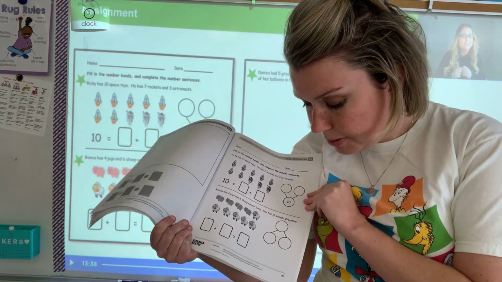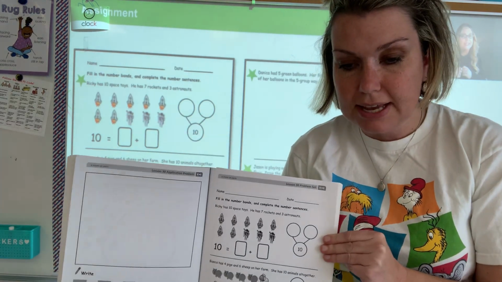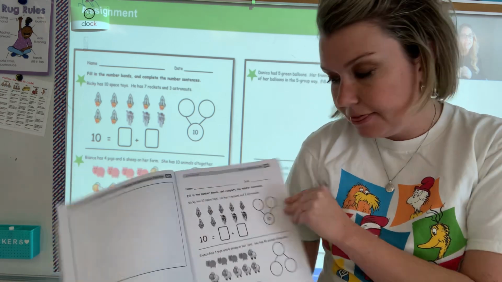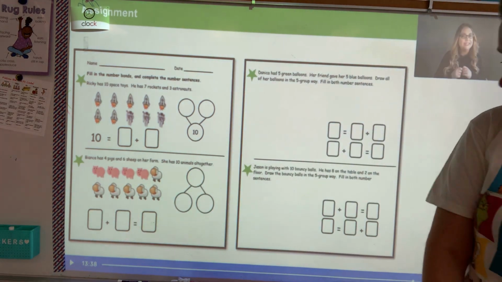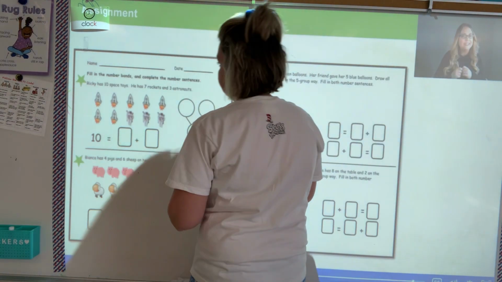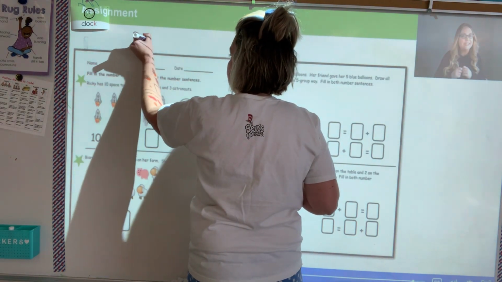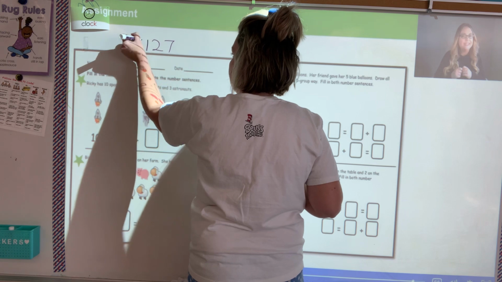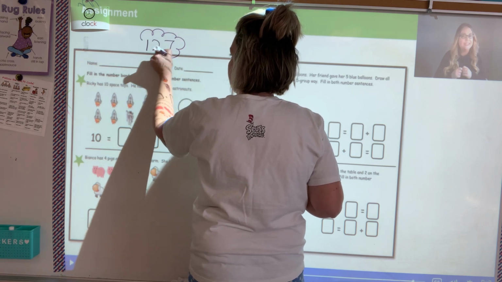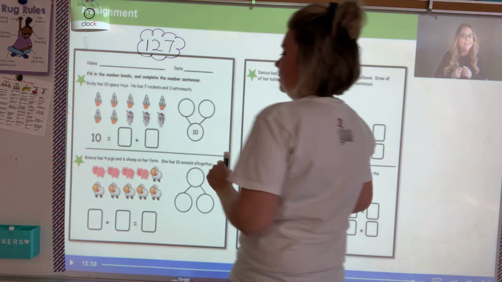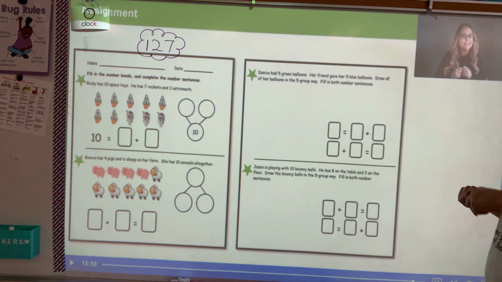Open your book to page 127. It looks like this with the rocket ships. I'm gonna write it up here. Okay.